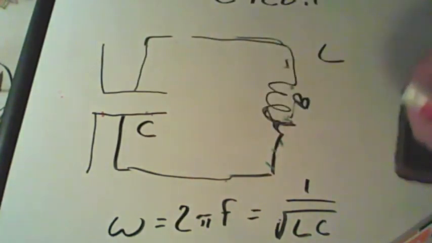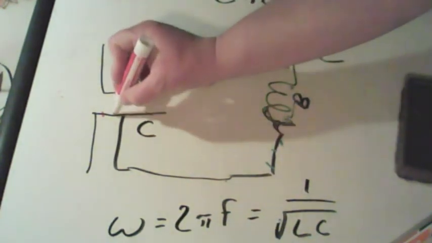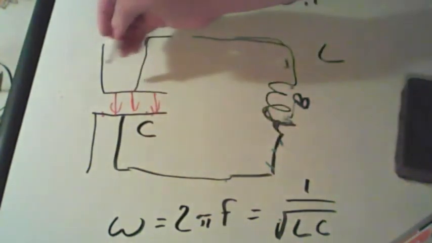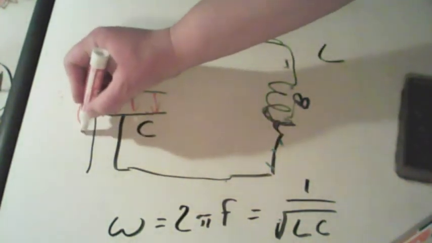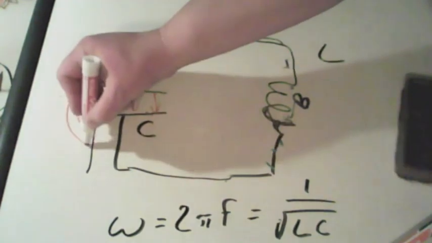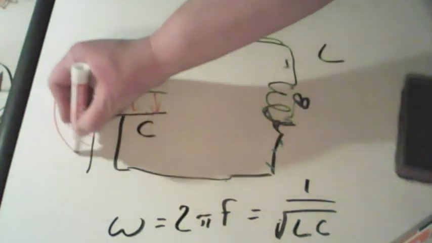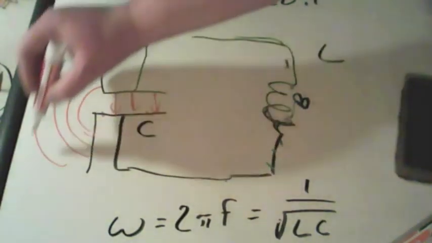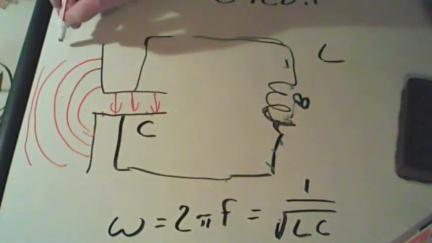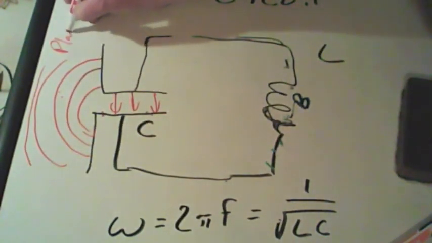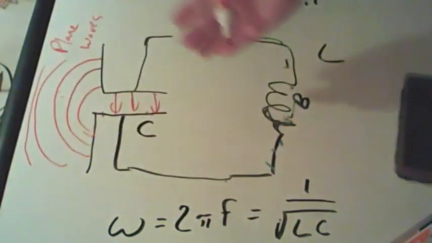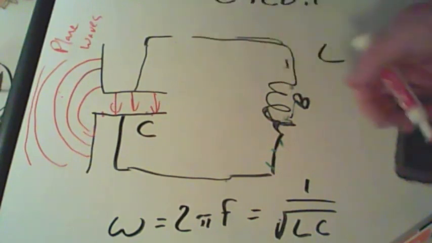And so as this oscillates, your electric field starts off this way between the capacitor plates, and actually begins to kind of turn into plane waves that are emitted by the antenna. These are planes or sheets of the electric field.